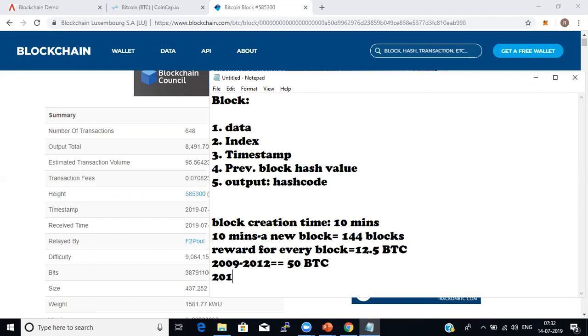From 2013 to 2017, the reward was 25 Bitcoins. So every 4 years, the reward is cut by half. From 2018 onwards, it will be 12.5 Bitcoins.